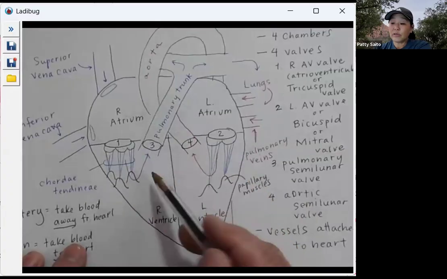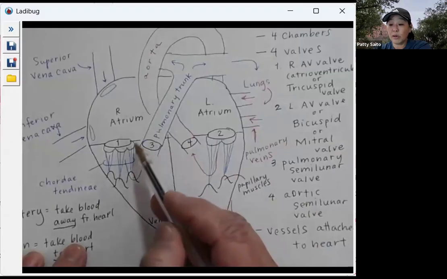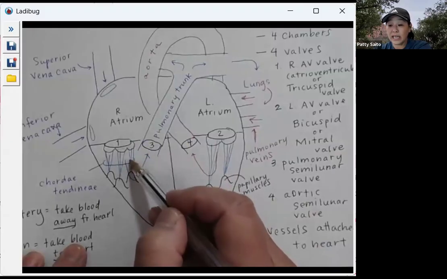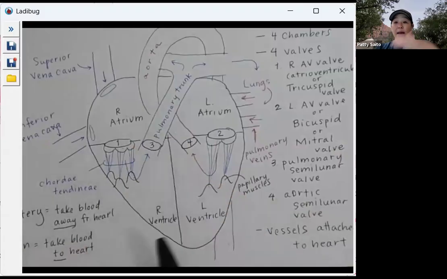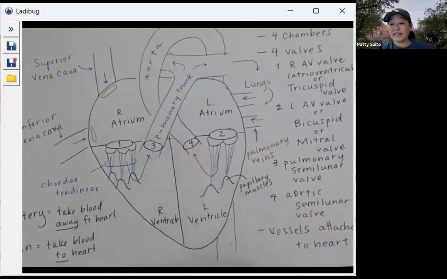As the ventricles are squeezing, the papillary muscles are contracting also, pulling on the little chordae tendineae and holding the flaps so they don't flap backwards, so they don't prolapse. Okay, and it holds them steady like this. And so it keeps the blood from going back through that valve and forces the blood out the semilunar valves. Okay, and that's how those work. Crazy.